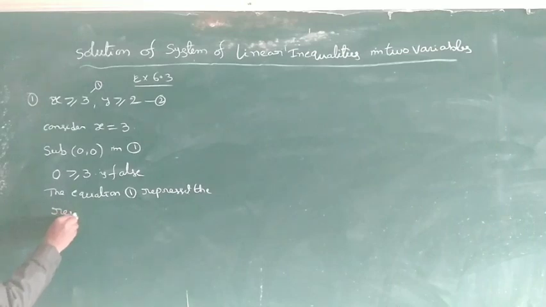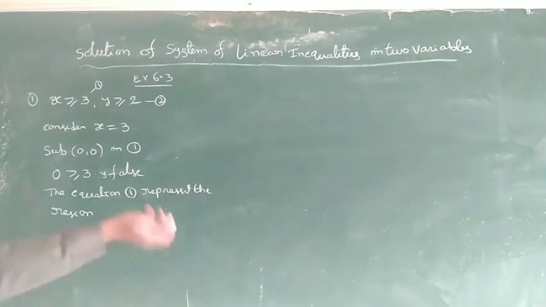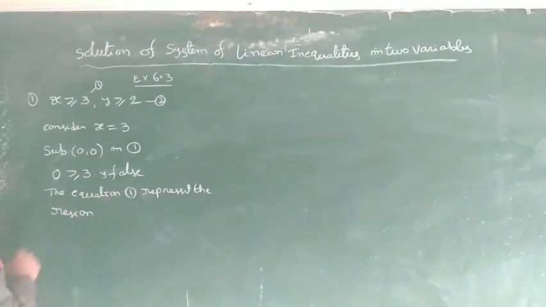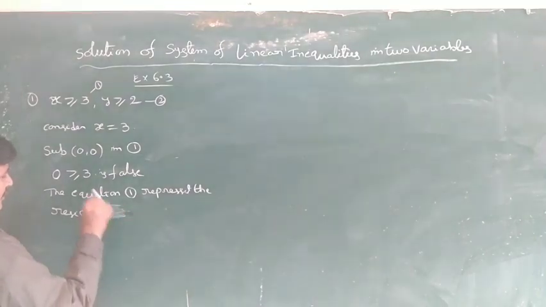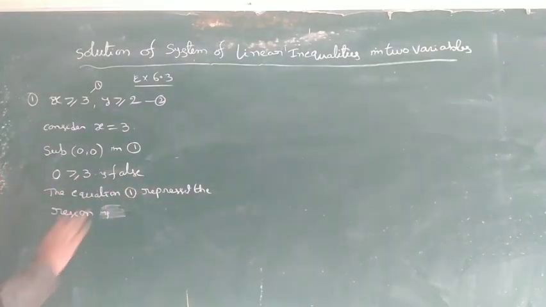So equation 1 represents the region, region means area. Is the region of x on the left side or the right side?